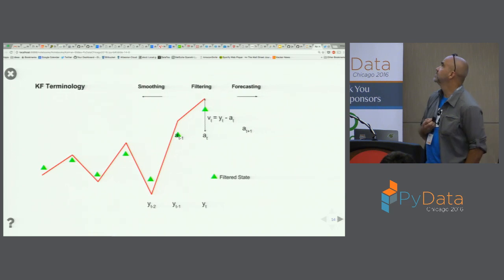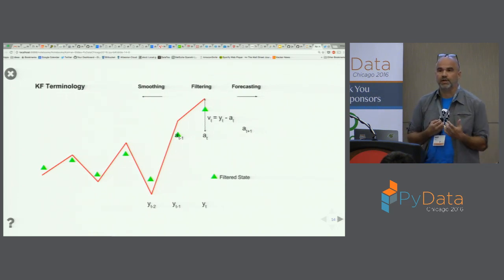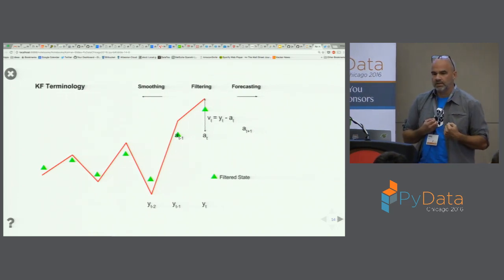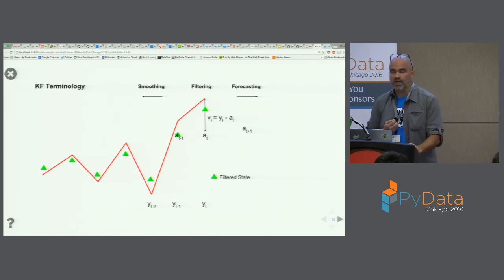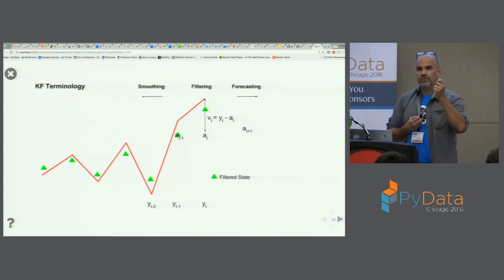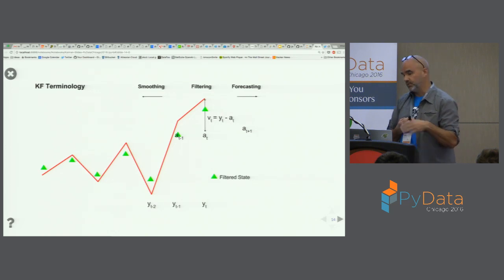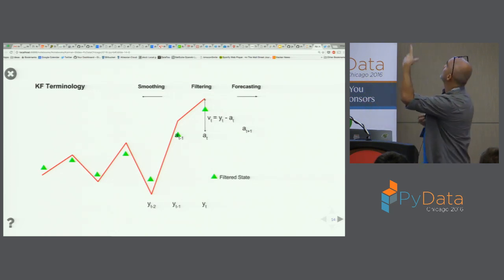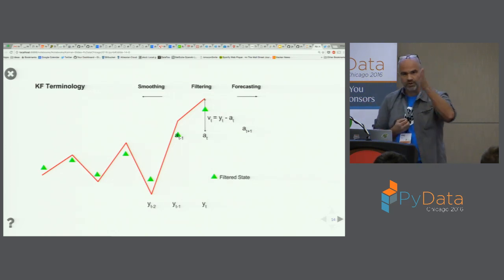This visualization is trying to explain some of the terminology of the Kalman filter and state space stuff. When you get a new observation and you're trying to determine the best estimate for the next state, that process is called filtering. I was trying to denote that with the vertical line here.